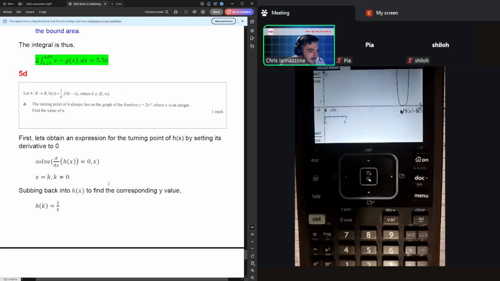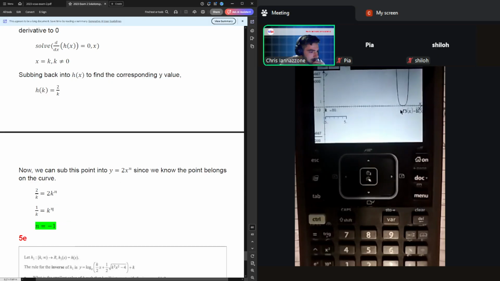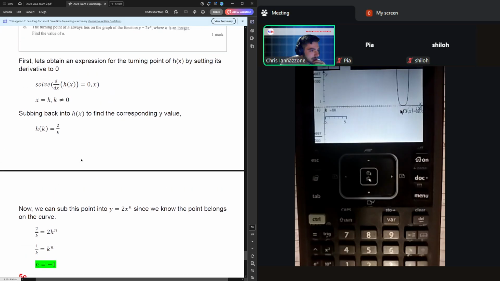So you know that x equals k for that specific value. If you then sub that back into your original h of x function to get the corresponding y value, that'll help you sub in an x and a y to get your n, or at least that's the idea. That's going to give you 2 over k equals 2k to the power of n.